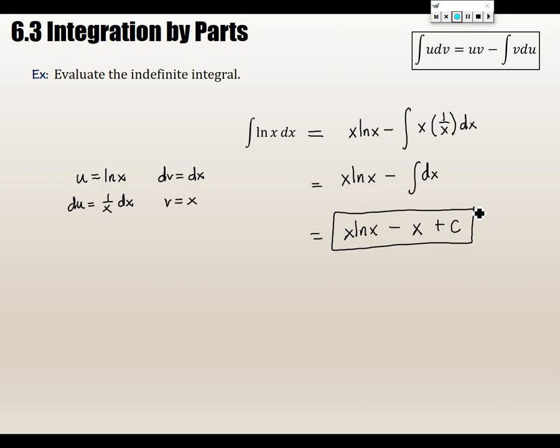I got x ln x minus 1. Well, I was just simplifying this integral, and x times 1 over x is 1. So if you want to write the integral of 1 dx, you could. But I asked you, where did your dx go? You have a dx here. So if you have it here, it's still here, and you just have a 1 from x times 1 over x.